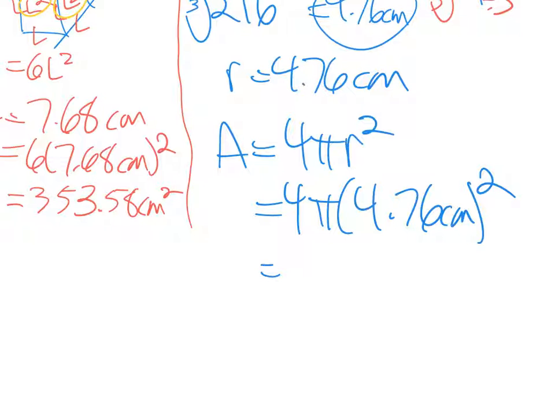Because there's two dimensions to area, length and width, or radius and radius. Whereas in volume, it's always cubed because there's three dimensions, length, width, and height, for example. Or radius, radius, and radius. Okay, so if I put that into the calculator then, the area is 284.99 centimeters squared.